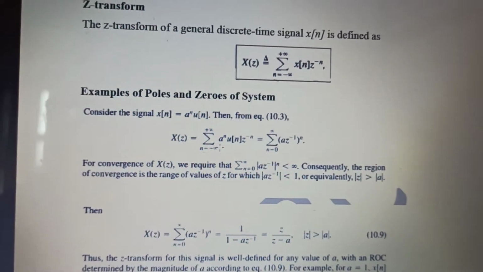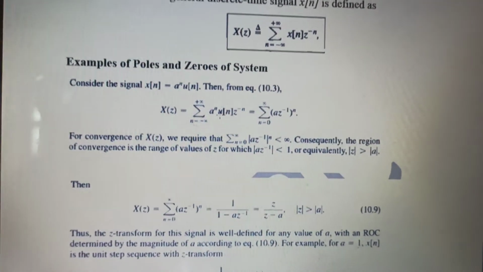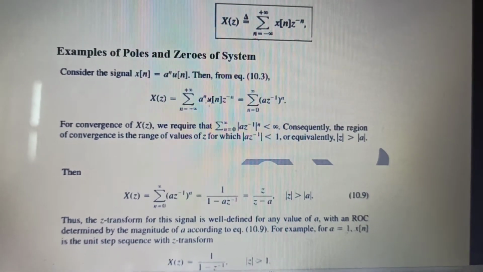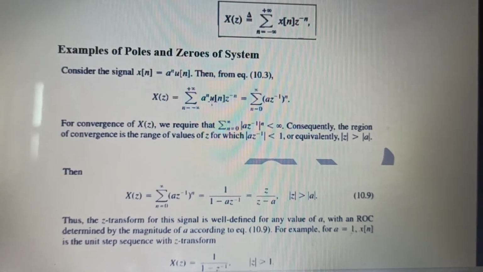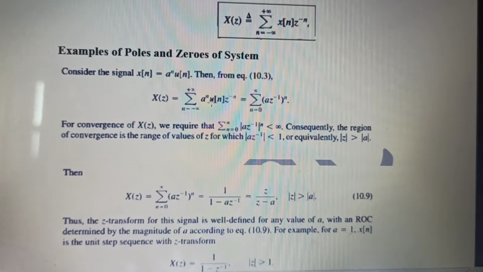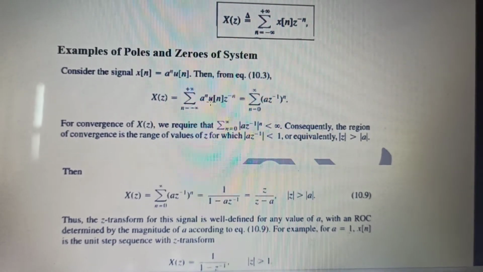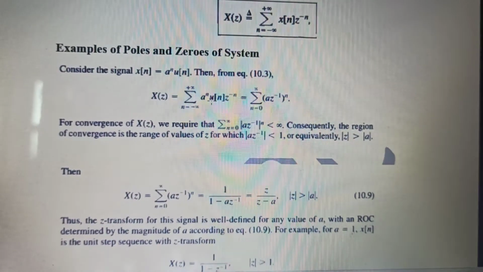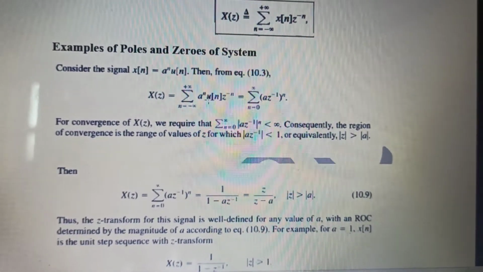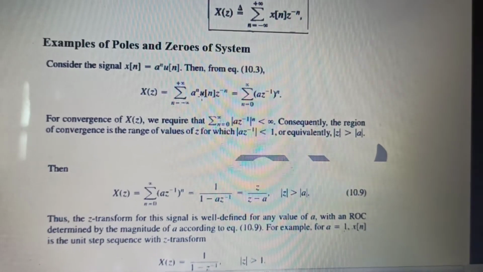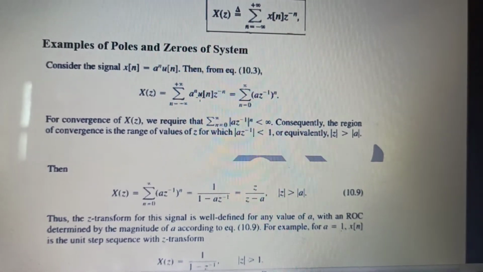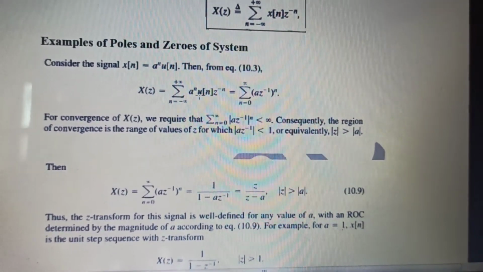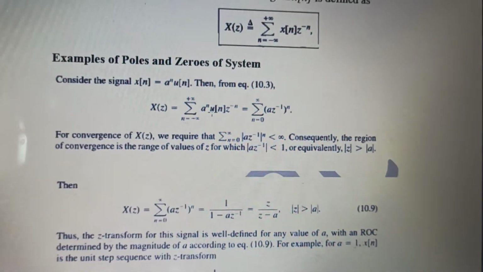This u of n hasn't disappeared, it has been implicated in the limits of the summation. So now the summation which was going from minus infinity to infinity will go from 0 to infinity. I think this point is very clear. As it is going from 0 to infinity, it is a z inverse to the power n. Now do one thing.